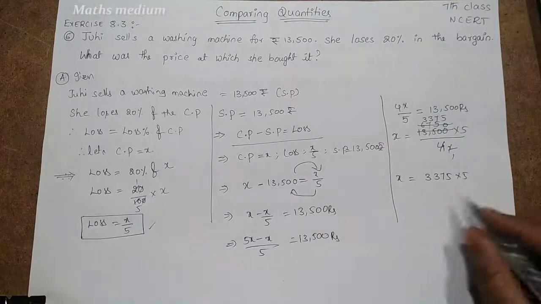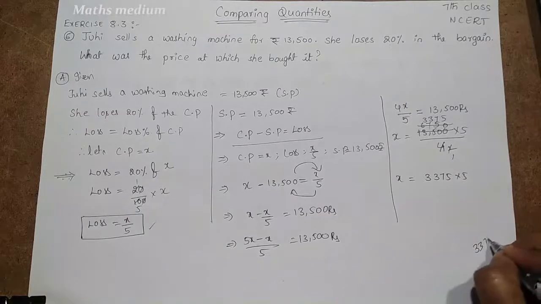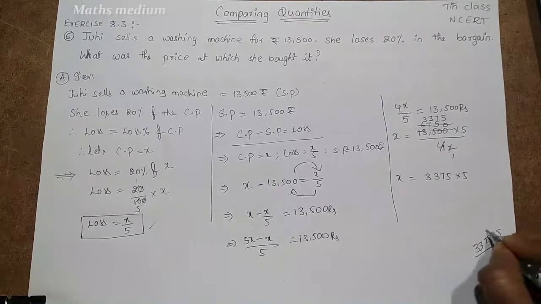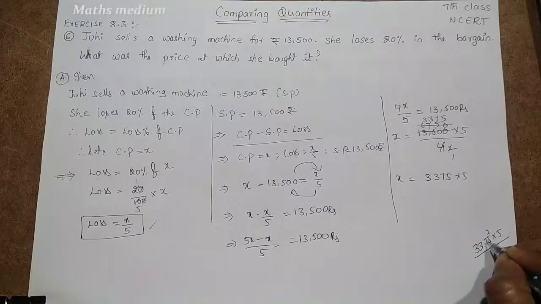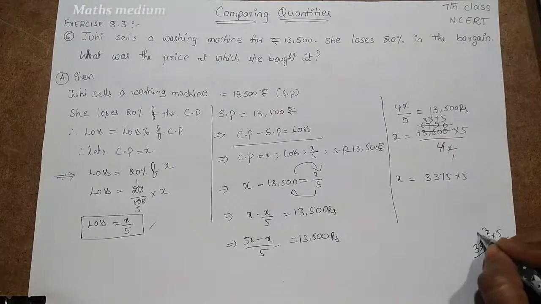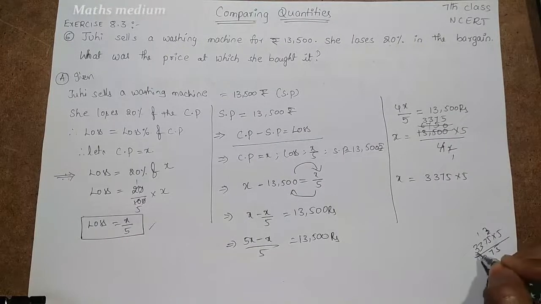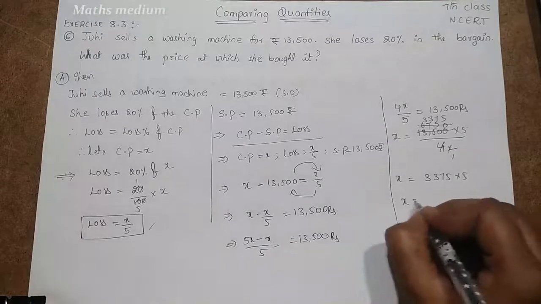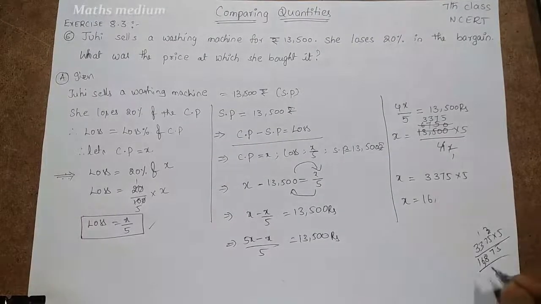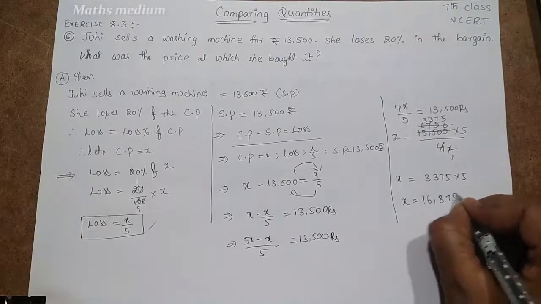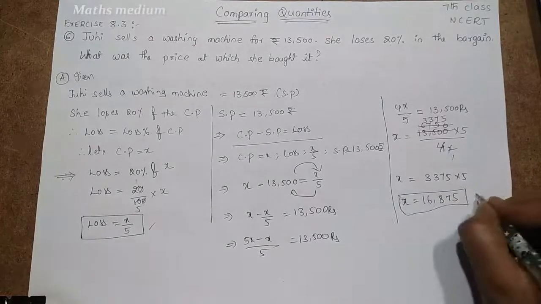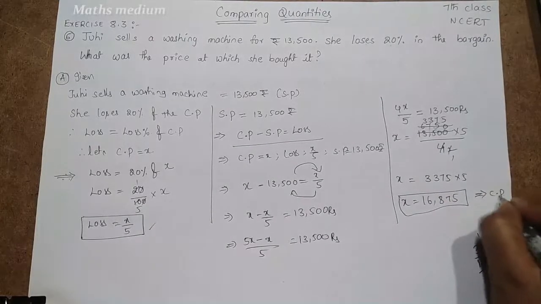So by multiplying these two, 3375 into 5, 5 5s are 25, 5 7s are 35, 36, 37, 5 3s are 15, 16, 17, 18, 5 3s are 15, 16. So X is equal to 16,875. This is the X, which also implies CP, cost price.